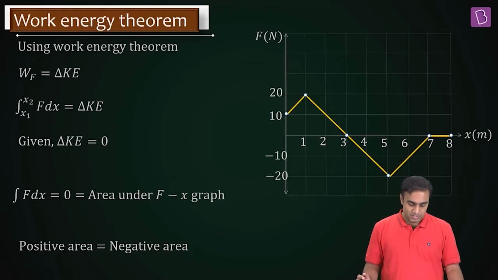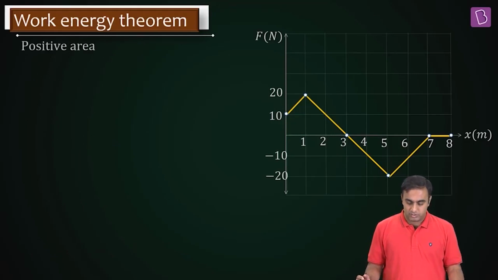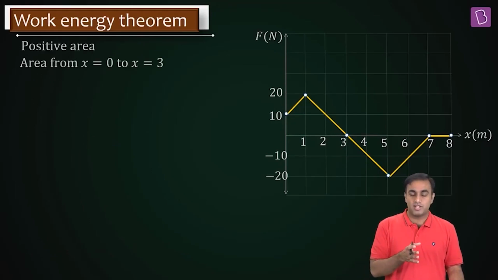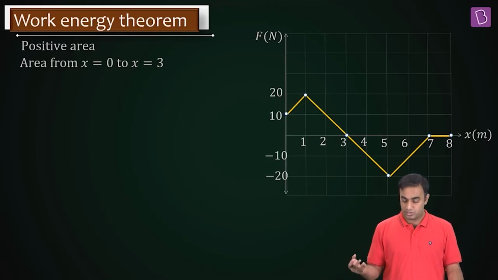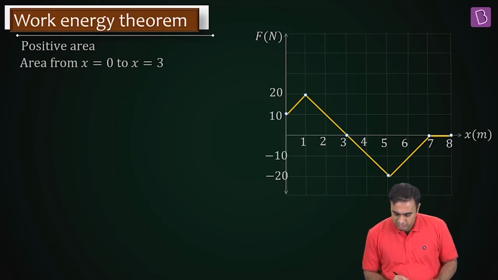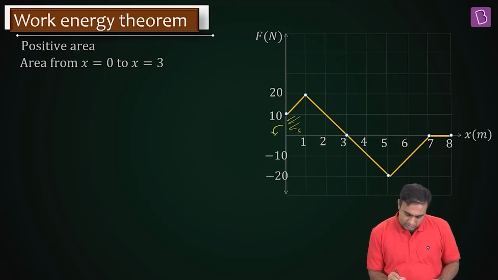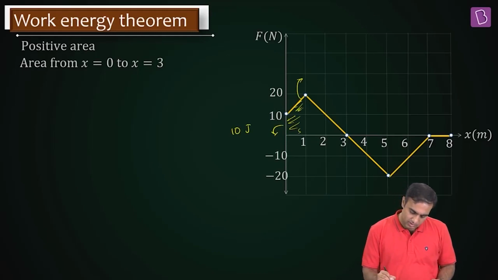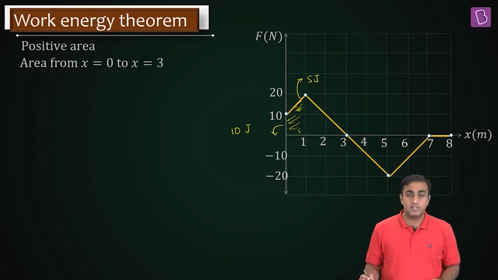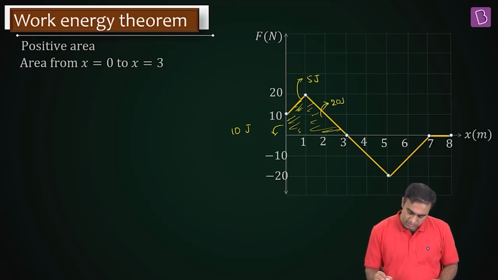All right. So let us consider the interval. We know that from x is equal to 0 till x is equal to 3, it is positive work done. So it is positive area. Let's calculate that first. It must be equal to the sum of area of the square here, which will be 10 joule, and the area of the smaller triangle here, which will be 5 joule, and the area of the bigger triangle here, which is 20 joule.